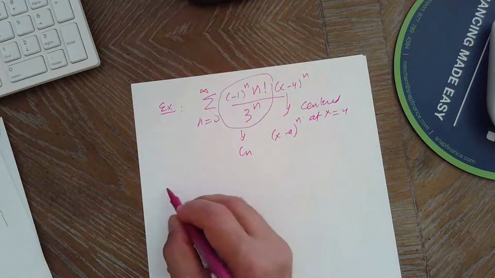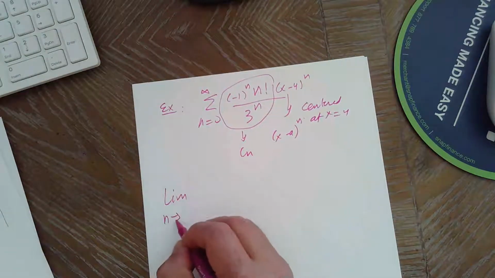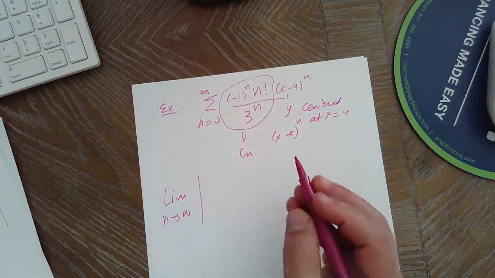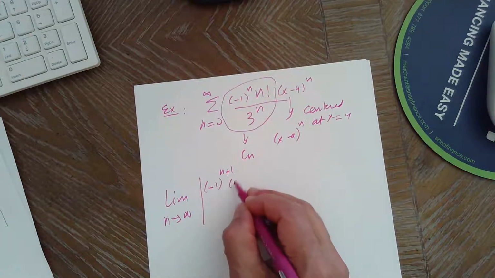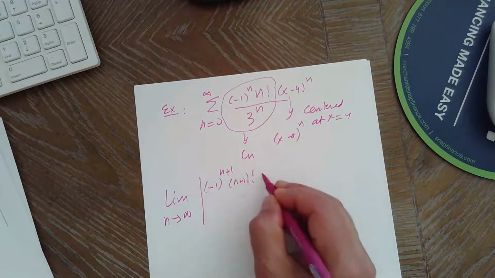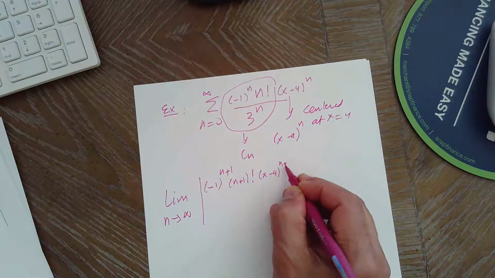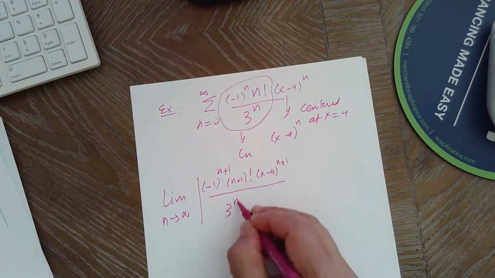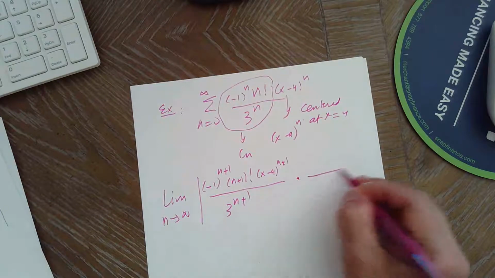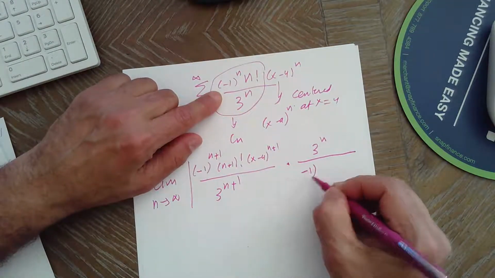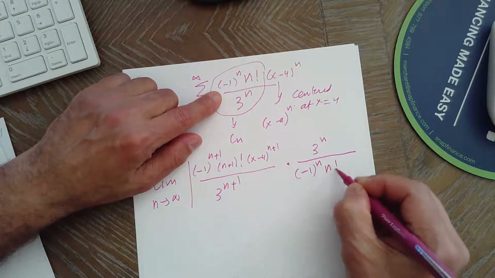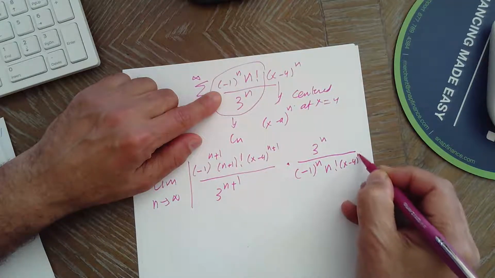So if you're using the ratio test to decide convergence, absolute value of a_(n+1), negative 1 to the n plus 1, n plus 1 factorial, x minus 4 to the n plus 1, over 3 to the n plus 1, times the reciprocal of a_n, so it'd be 3 to the n over negative 1 to the n, n factorial, x minus 4 to the n.